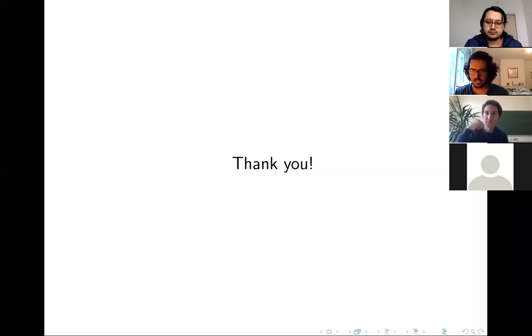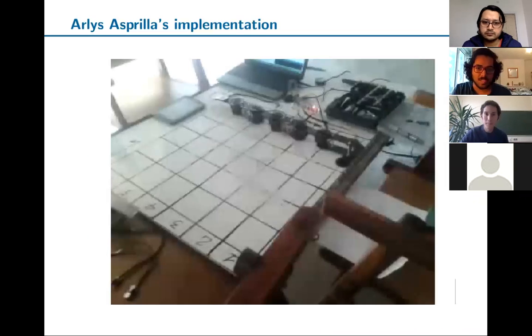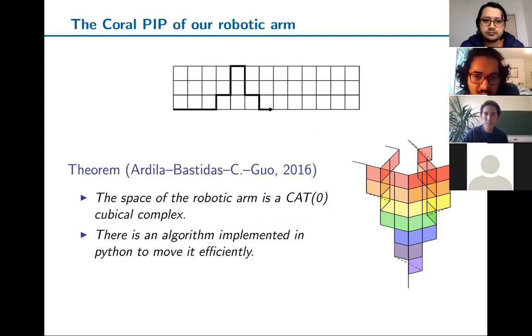Did you mention that the PIP is a 3-dimensional complex? Yes. Is this for the specific case, or is this in general? For this specific case. So for this particular width of the tunnel, or even if you increase the length of the tunnel, you're going to get a cubical complex.